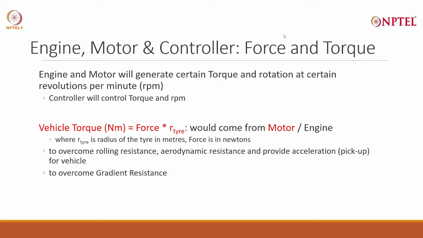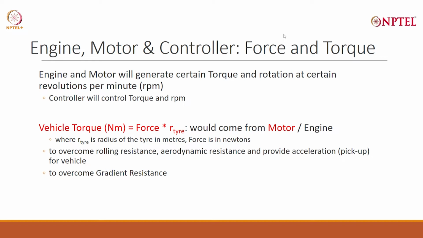This vehicle torque will come from motor or engine. R tire is the radius of the tire in meters. We are just going to use meters and units like this. Force will be in newtons. So, Newton meter is force into radius of tire. Force is in terms of Newton, R is in terms of meters. So, force into R tire is the torque.